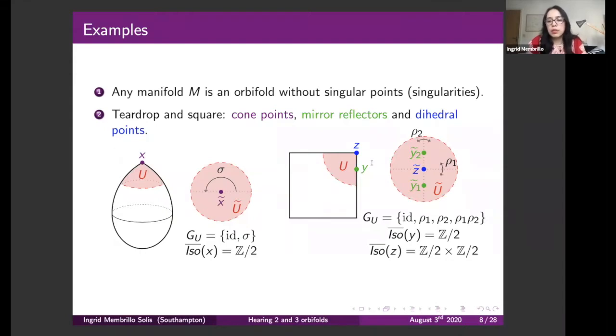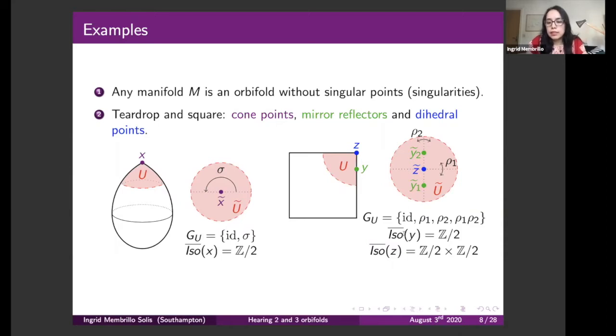But now, let's look at Y and what happens with the preimages of Y under pi. Here we have these two points. If we look at either of these two points, Y1 tilde or Y2 tilde, we will see that each of them is fixed under the action of rho 2.